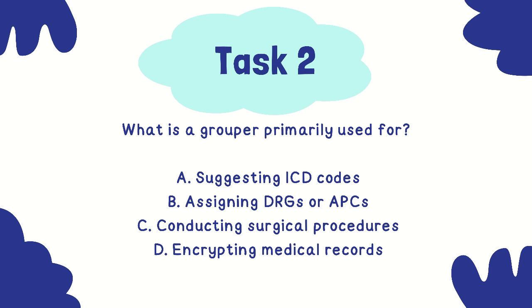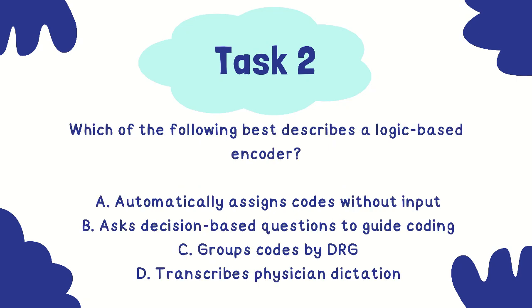The grouper groups them together so that we can come up with our DRG, inpatient, or APC, outpatient. So the correct answer is B. One thing to remember: we can have unlimited APCs on our claims, but we can only have one DRG per admission.